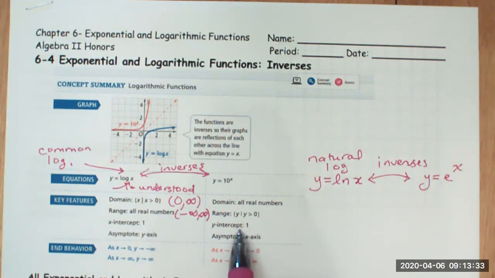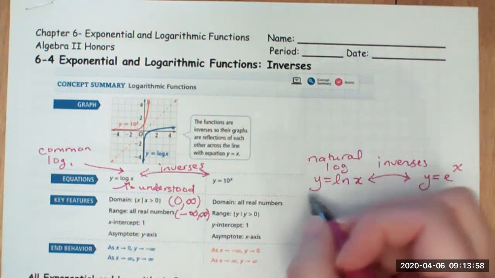Okay? But you'll notice the fact that we have these functions log x and y equals 10 to the x inverses of one another. Notice how the domain and range also switch. Remember, x and y switch for each coordinate on the graphs, but also the domain and range are going to switch because domain are the set of x values and range is the set of y values.